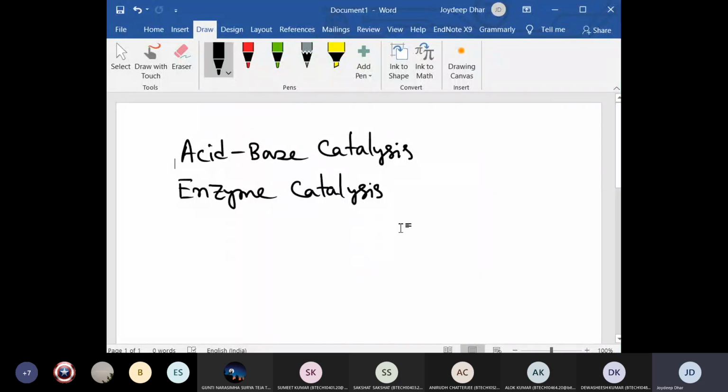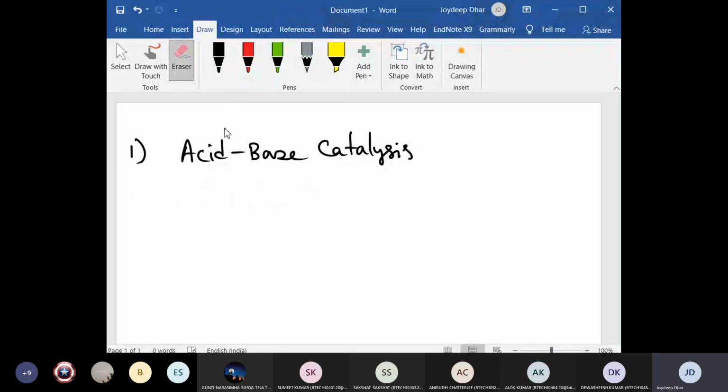In acid-base catalysis, first I will start with acid-base, and after completion I will come to enzyme catalysis. In acid-base catalysis there are a few different types.